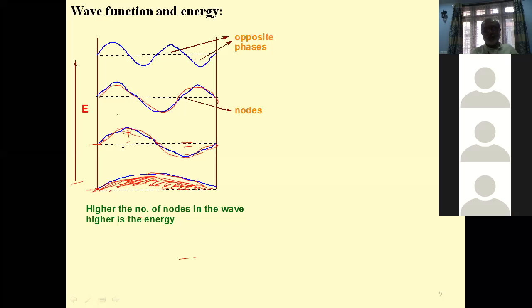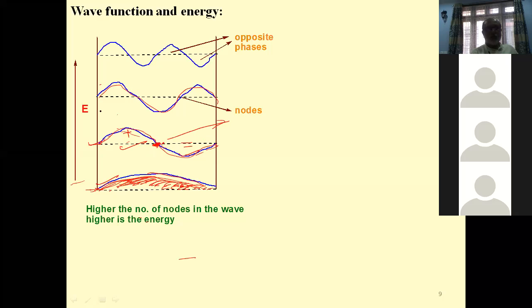So one phase, and this is the opposite phase. And where this phase changeover takes place, this middle point, that is called a node. So here only one phase. Here we have two phases with one node.